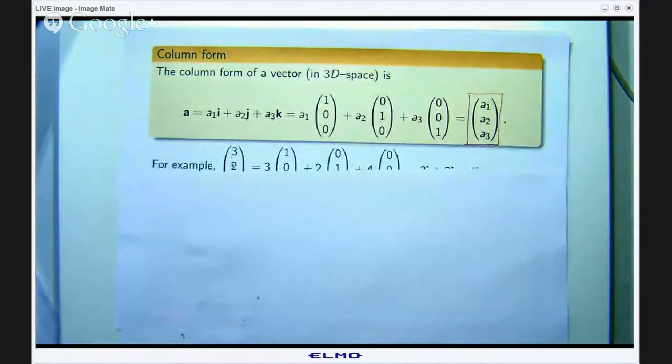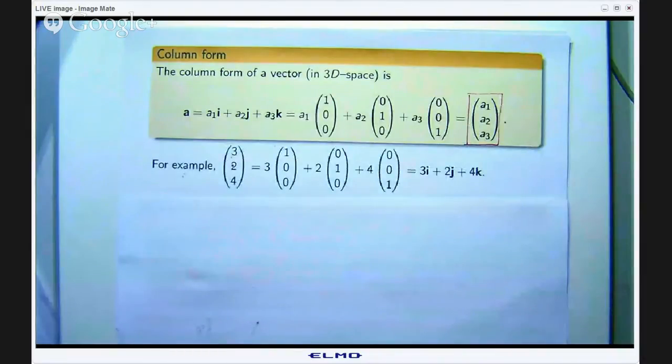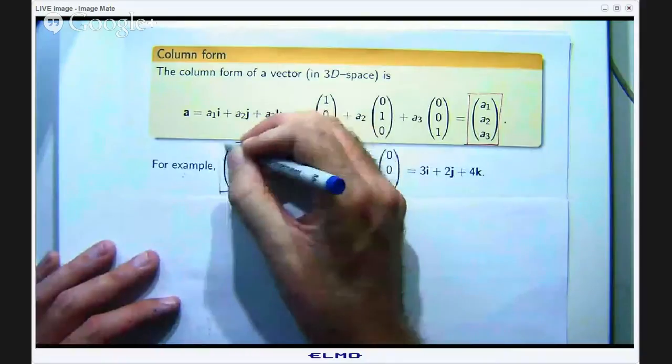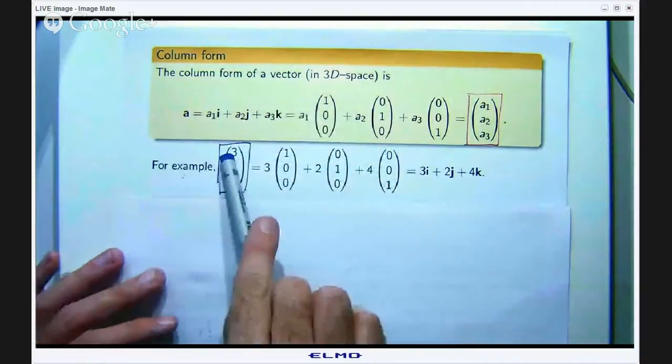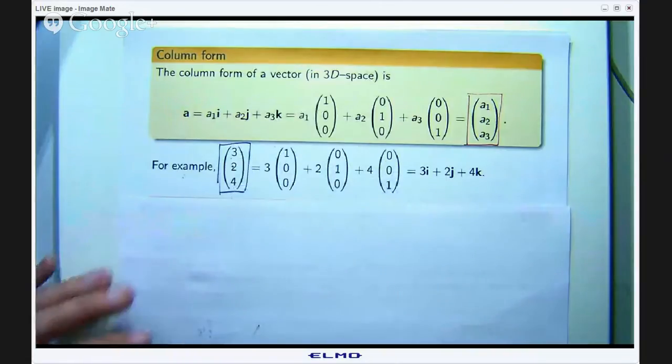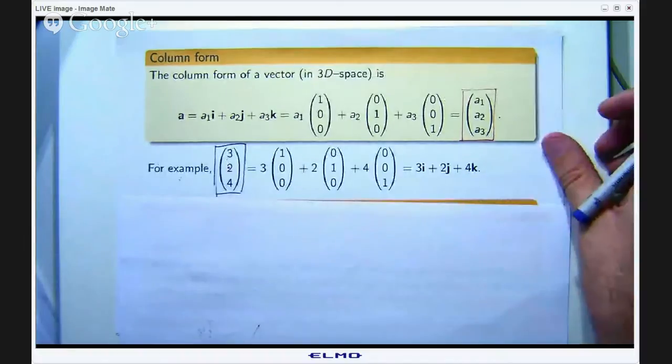As an example, let's consider the following column vector, 3, 2, 4. That's just 3 times i plus 2 times j plus 4 times k.